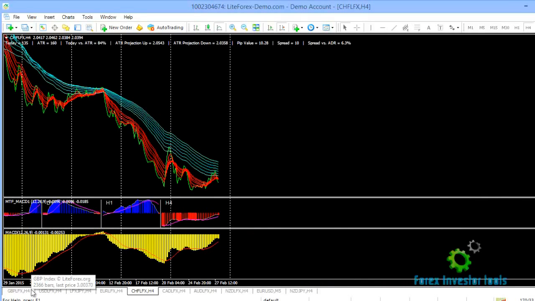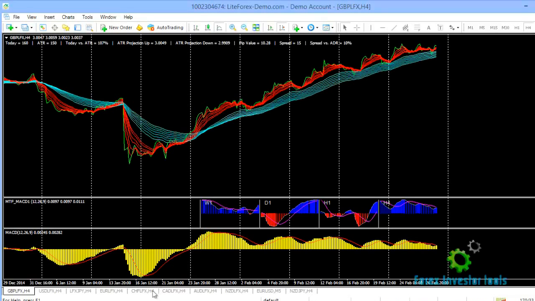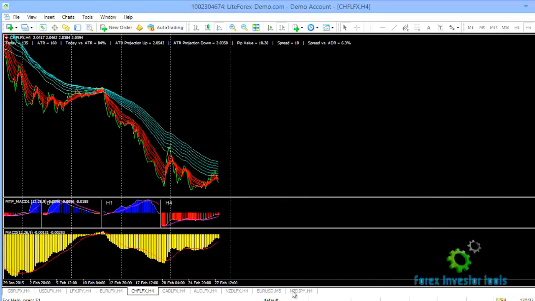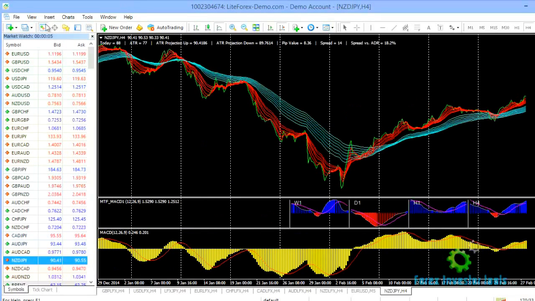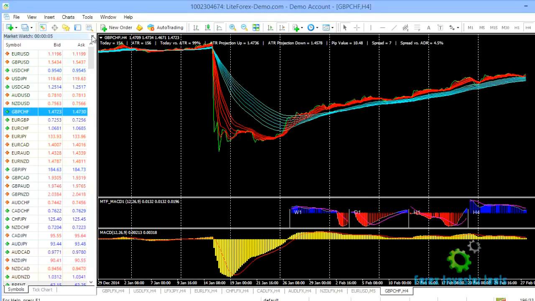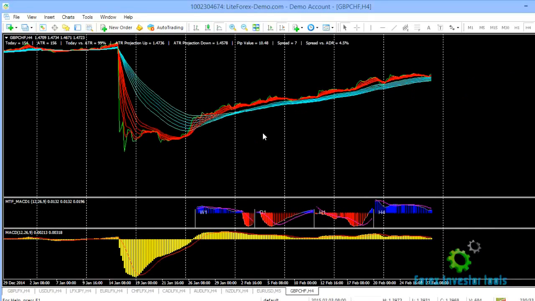So off late, if you look at it, the pound has been strong, the Swiss franc has been weak. So if we look at the pound Swiss franc, then basically we would have said to ourselves that we want to be trading the GBP Swiss franc. The reason being, we know that the pound is strong and the Swiss franc is weak.